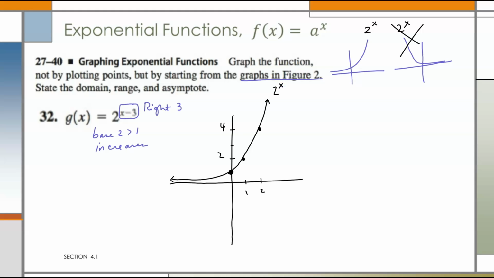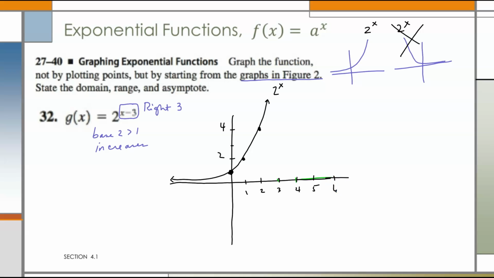Okay, so what we're going to do is take 2 to the x and move it right 3, and that would give us our new graph. Let's get a couple more points here: 3, 4, 5, say 6.